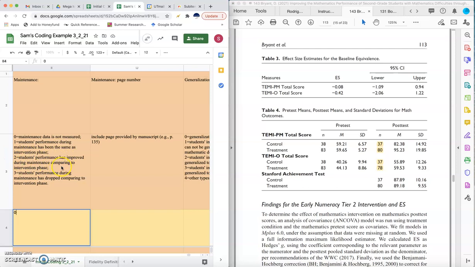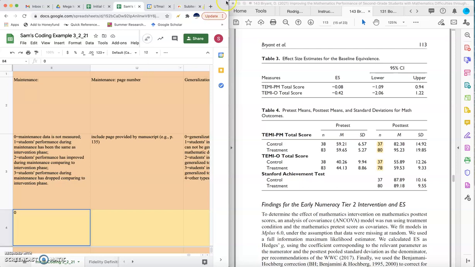If, super awesome, the students' scores have actually significantly increased, then that's amazing. Then you can put a 2. Or, unfortunately, what typically happens when there's delayed post-test data is there is a drop. And if that drop is statistically significant, which it will usually signify in the paper, then you would put a number 3.